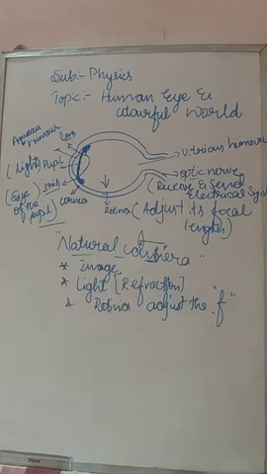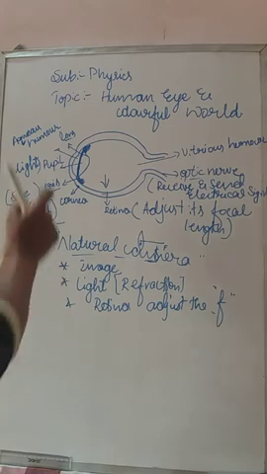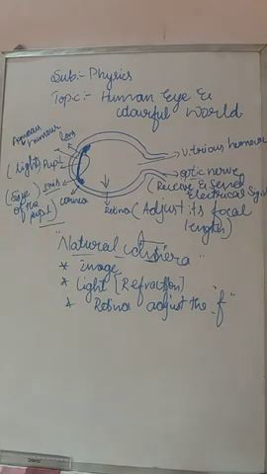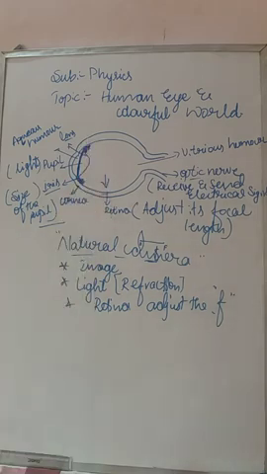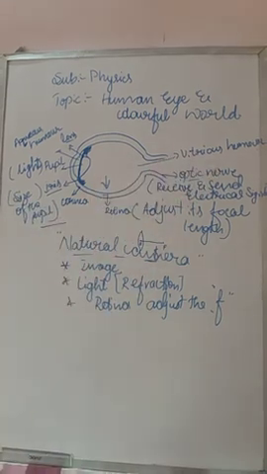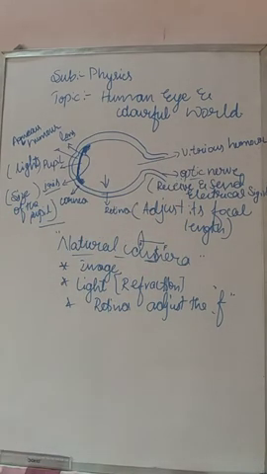The third thing is the lens adjusts the focal length, and the pupil regulates the amount of light. Finally, the inverted real image is formed on the retina. Then the electrical signal is sent to the brain through the optic nerve. So then we can see the clear image through our eye.